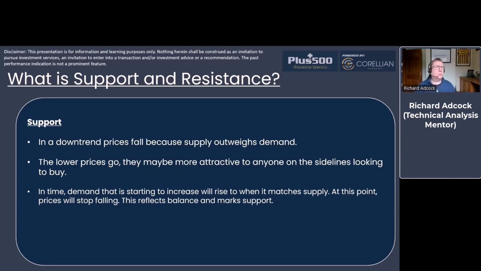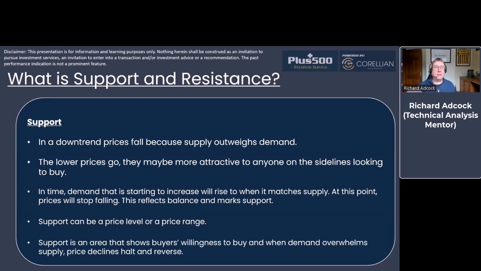And it's at this point that prices will stop falling. And this reflects balance within price activity. And that level where the market has stopped falling marks the support point. Now, support can be a price level or it can be a price range, but it's a consistent area where buyers are active within the market, holding selling pressure or supply, and reversing it to see more demand beginning to develop.